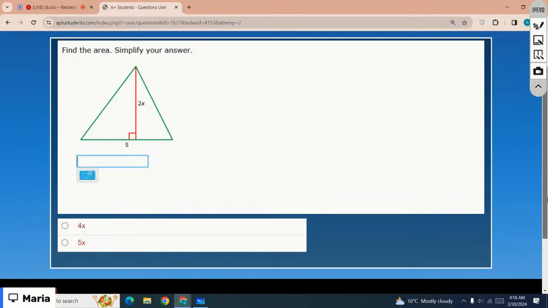So which is the correct option? Yes, that is 5x.